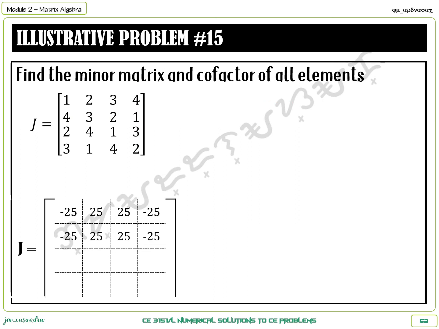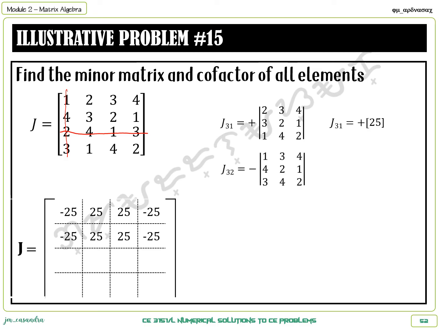So for the next row, we have 3. For the element 3, 1, we have a value of 25. And then for 3, 2, the value is negative 25. For 3, 3, we have negative 25.